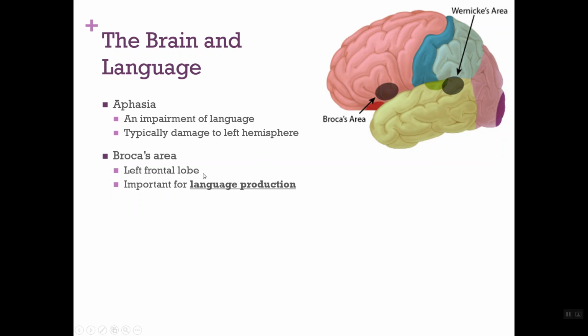And this is important: this area is important for language production, your ability to actually get the words out, right? So Broca's aphasia is when you struggle to find words, but you can still comprehend other people's speech. Contrast it to comprehension. You just can't get the words out. So let's watch a video where you'll see someone who has Broca's aphasia.